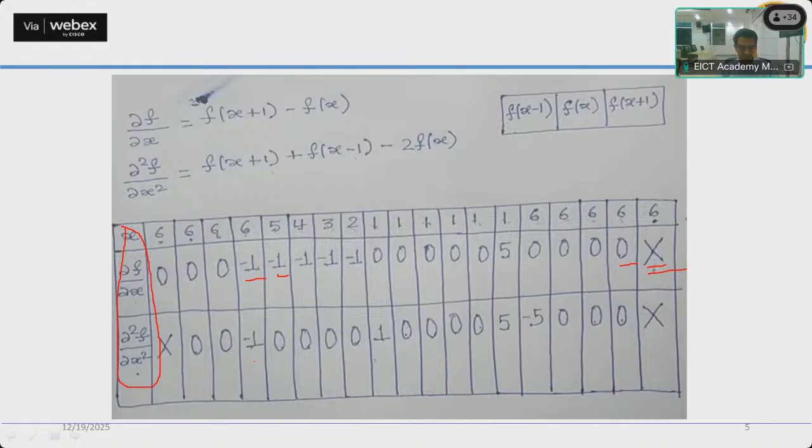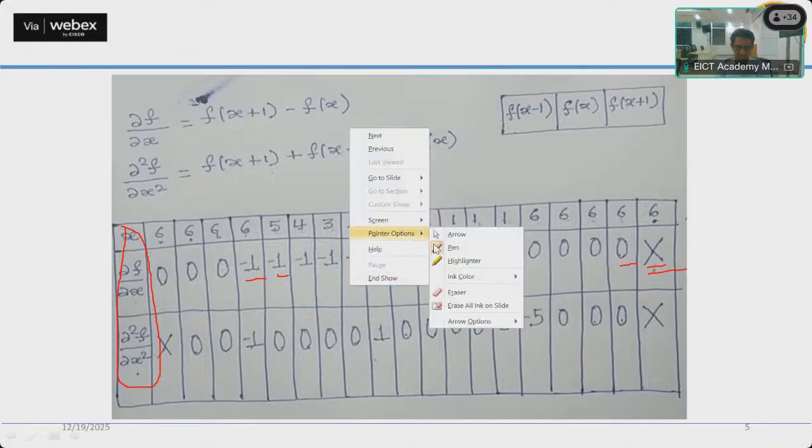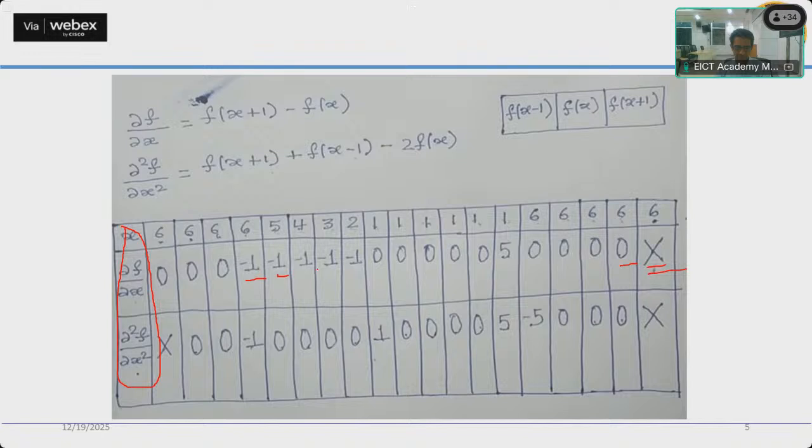In the double derivative, at this level it is minus 1, minus 0, minus 1, 0. So see what we are doing here. It has been shown: the location f(x-1) is this one, f(x) is this one, and f(x+1) is this one.